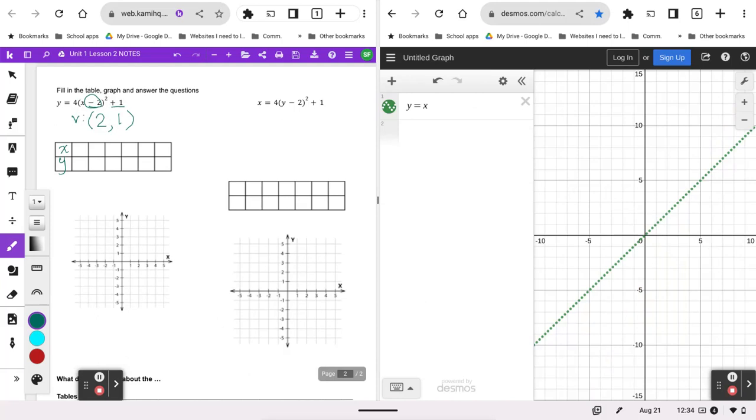So I want that to be right in the middle, and then I'm going to get numbers on either side. And I can even go ahead and graph those right now. We do know that the first number here, the 4, since it's positive, is going to open up.